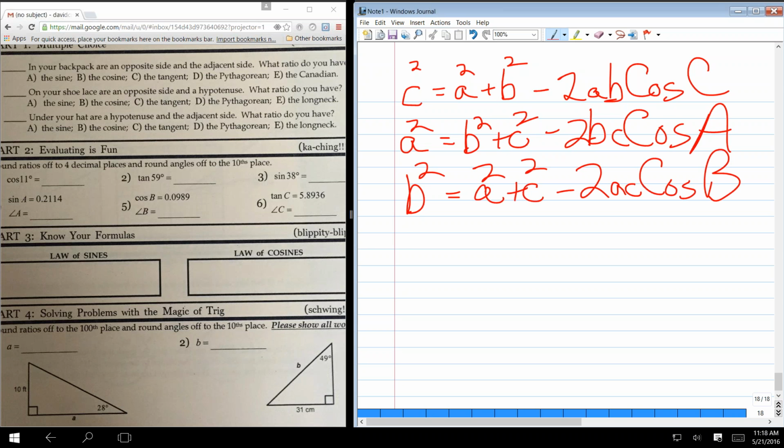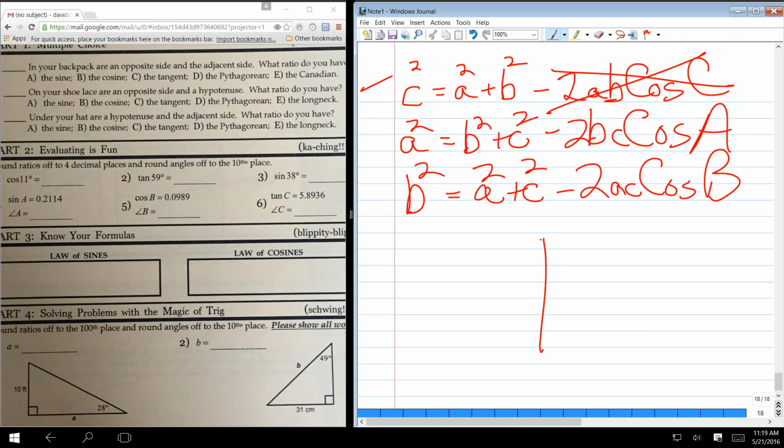And which one you use kind of depends on the drawing that you're looking at. They're all basically the same thing. It merely says that side c squared is always equal to that. And also notice that if angle C is 90 degrees, this whole part disappears because the cosine of 90 degrees is 0. And you would have the Pythagorean theorem. That's why I say start with it.